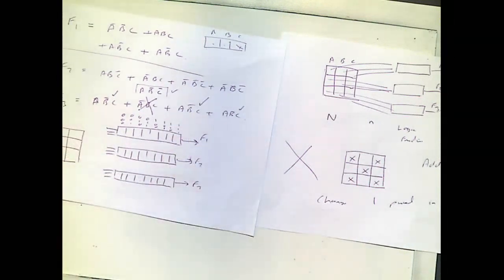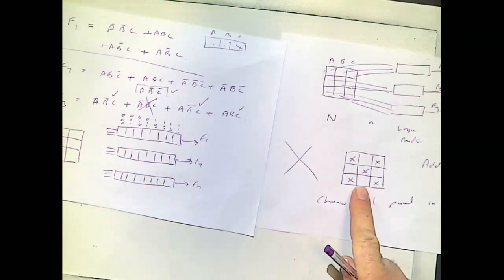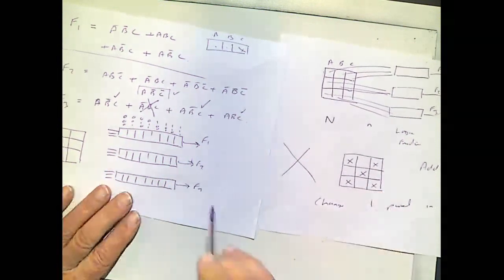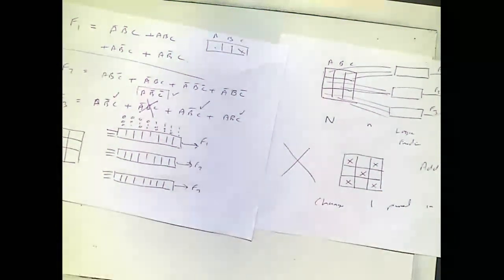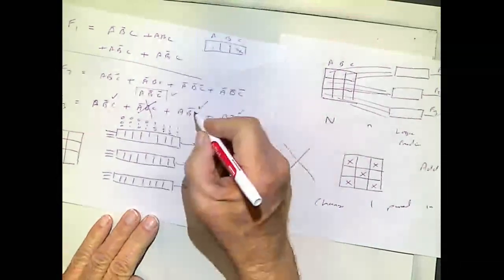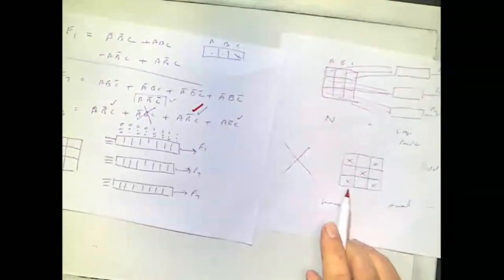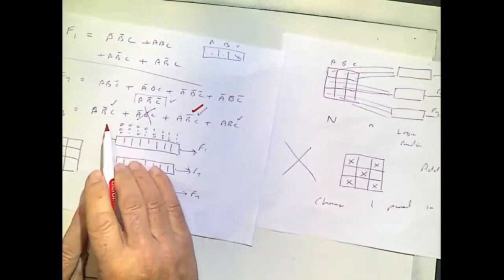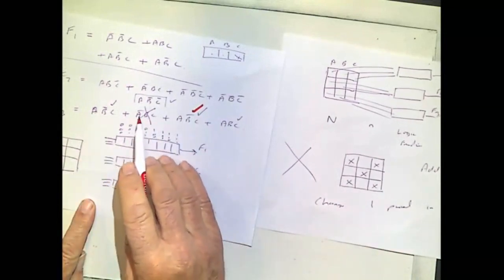Let's get this right. No noise in the bottom row will be A and not B and C. A and not B and C. Let's change the color. We have got that. A and not B and C. Noise there will be not A and not B and C. Not A and not B, C.